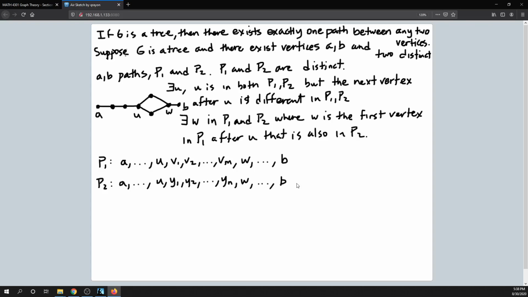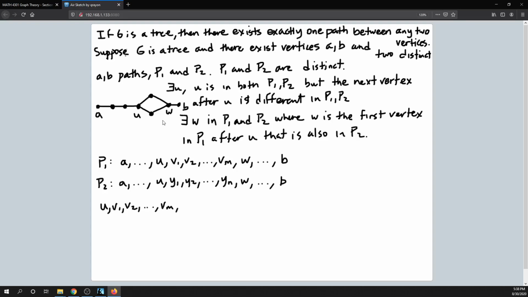So that's what P1 and P2 look like. All right, and so then you can already see where we're headed: we're making a little cycle. And if we make a cycle, that's going to contradict the fact that there exist vertices A and B with two distinct paths, okay? And so what is our cycle? Our cycle would be U, V1, V2, all the way out to Vm.